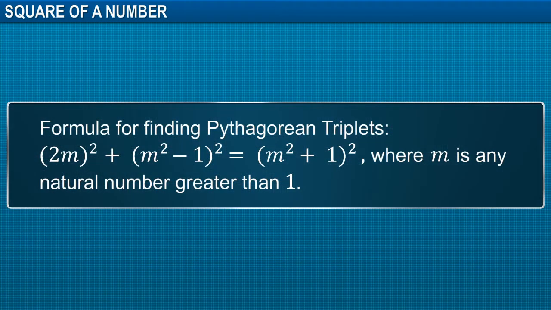More Pythagorean triplets can be found using a formula shown here. (2m) whole square plus (m square minus 1) whole square is equal to (m square plus 1) whole square. Remember, here m is any natural number greater than 1.